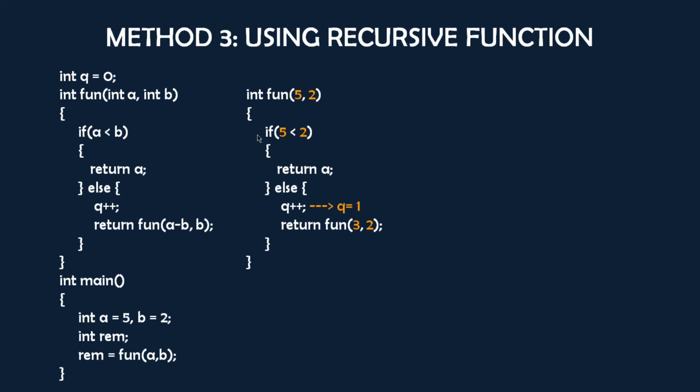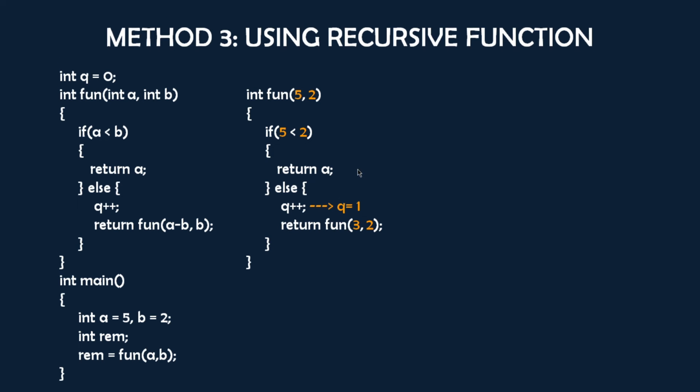We check the condition if A is less than B. So we have 5 is less than 2, which is false, so we perform this statement. We increase the value of our Q from 0 to 1. And then we return our function, meaning we are calling our function again with the arguments of A minus B, or 5 minus 2, which is 3, and the value of B is 2.